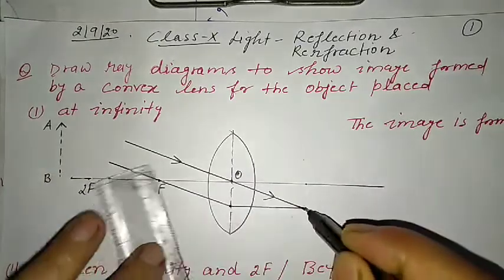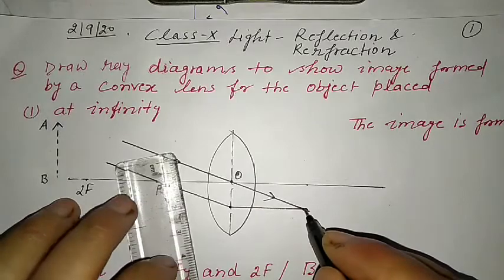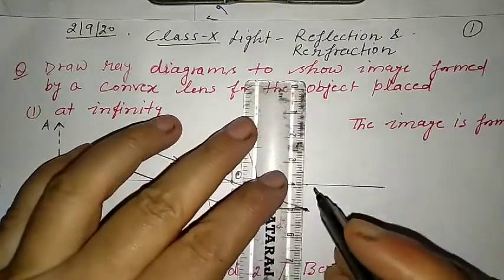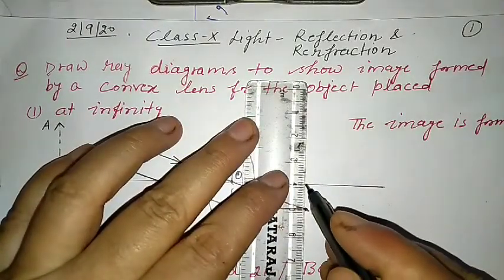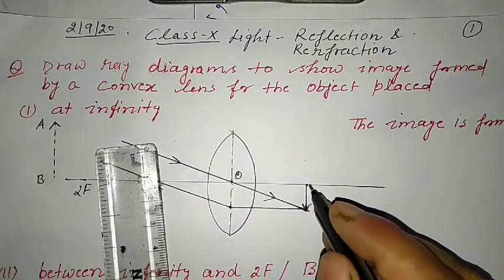We can see here both the rays intersect each other here. So at this place, the image is formed. This was the second focus.